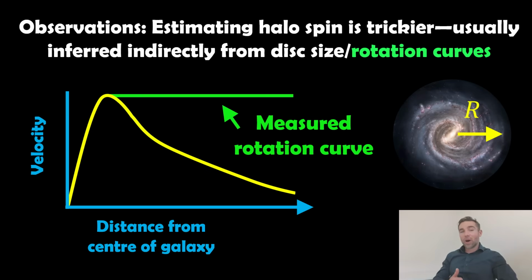You've got velocity on the y-axis and distance from the center, which would be your r. And we expect that the further away you are from the center, it would drop off and rotate slower, but that's not what happens. They actually have a fairly flat rotation curve, and the only way to replicate that is by having additional mass in the outer parts and extending into this halo. So that's why we think they have dark matter halos. But anyway, you can observationally infer it indirectly from things like that, but it can be pretty tricky.